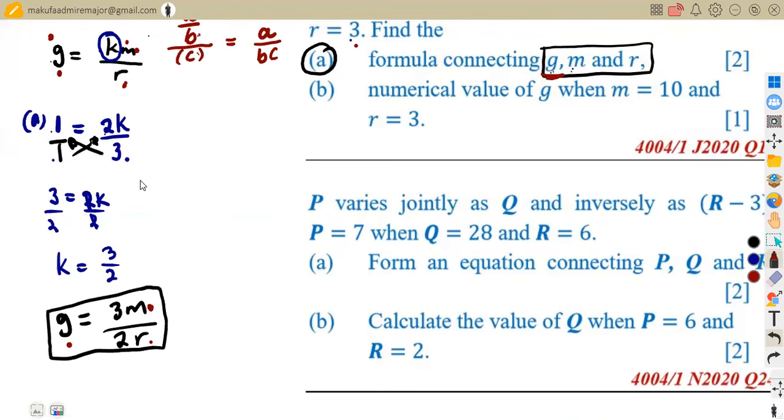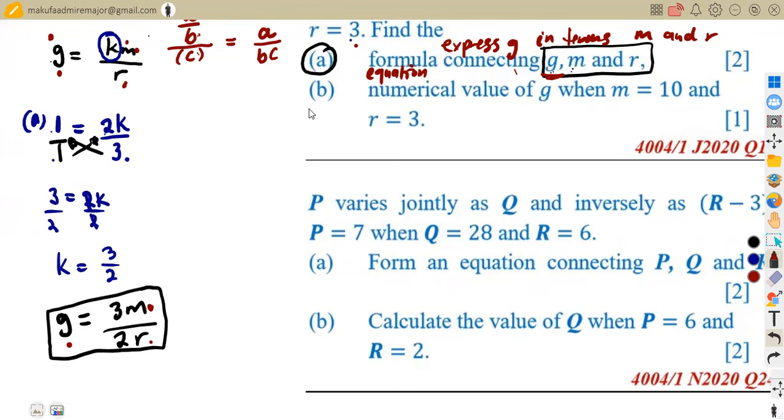The formula connecting these variables, sometimes they will ask you as express G in terms of M and R. They are simply asking the same question, or find the equation connecting. In place of this, they will write the equation. They are simply asking you one and the same question.